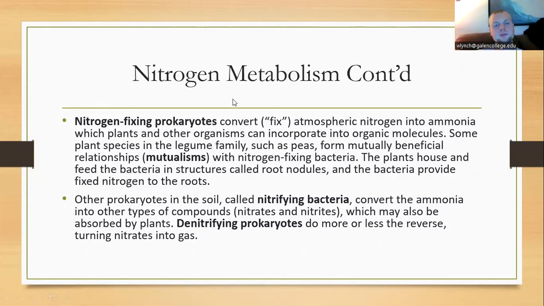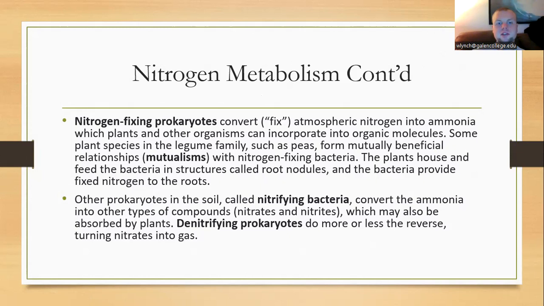So nitrogen fixing prokaryotes are going to be able to convert, or fix, atmospheric nitrogen into ammonia. Plants and other organisms are able to incorporate ammonia into organic molecules. Plants are able to house and feed bacteria in structures called root nodules that exist in the ground. So the bacteria that are able to fix nitrogen can provide nitrogen then to the roots of the plant.